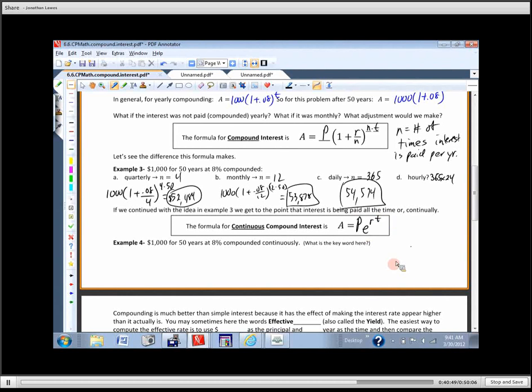It's the number E. So this is why this is in the chapter where we study exponentials. Because if you do continuous compound interest, here we've got a base. This is an exponential. It's 1 plus some tiny little decimal number. Okay? That is an exponential. If you pay interest on a continuous basis, we get this continuous compound interest formula that looks like this.